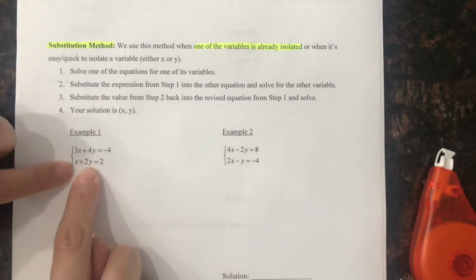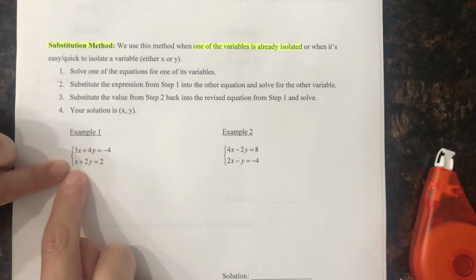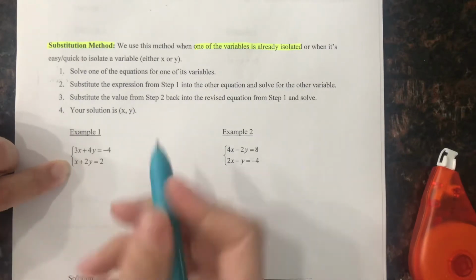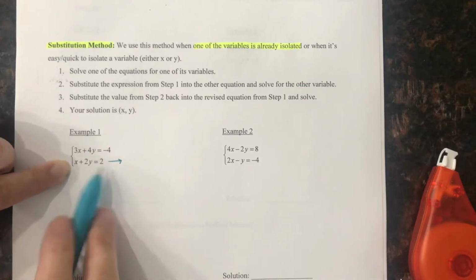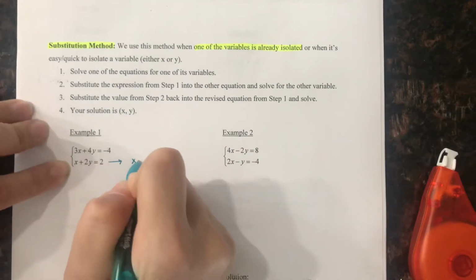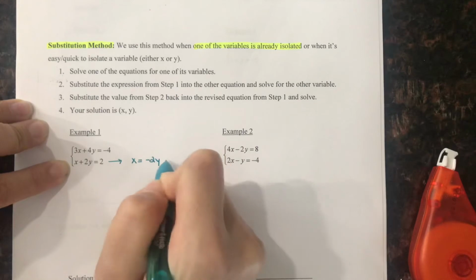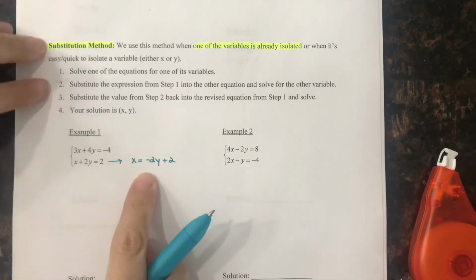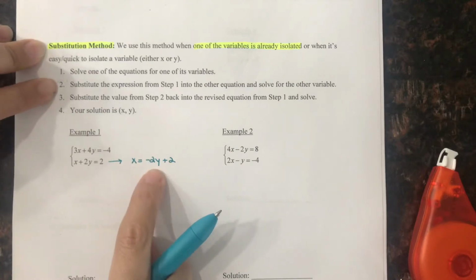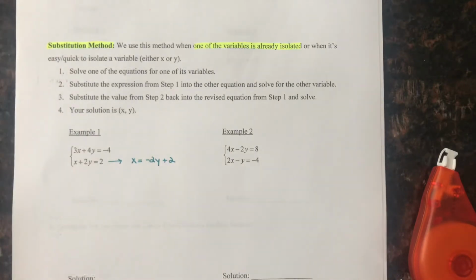So let's start with this first example. I'm going to try to get this bottom x by itself. So that means I'm going to subtract 2y to move it to the other side. Okay? Now, the second step says to substitute the expression from step 1.